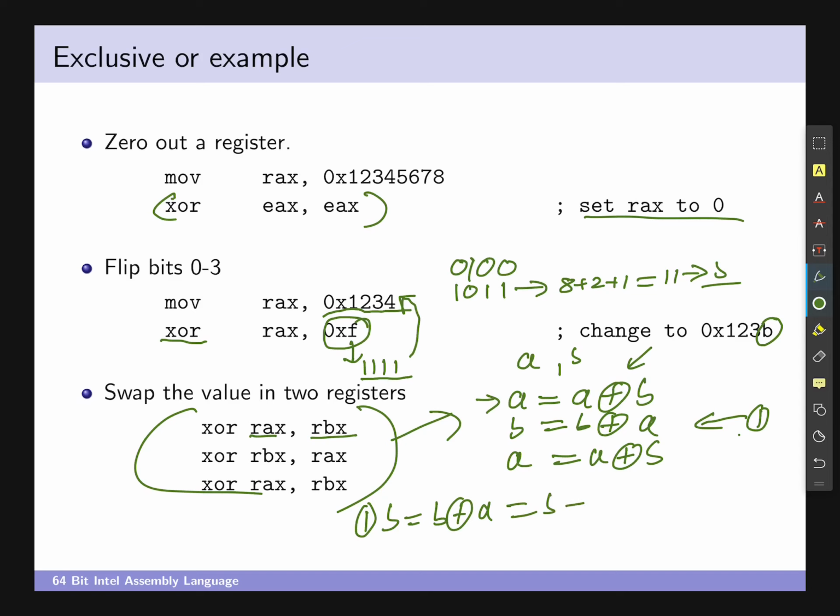So this is actually B XOR A XOR B. Now, luckily for us, we have commutativity, so I can rearrange how this actually works. So what ends up happening here is I actually have B XOR B XORed against A.